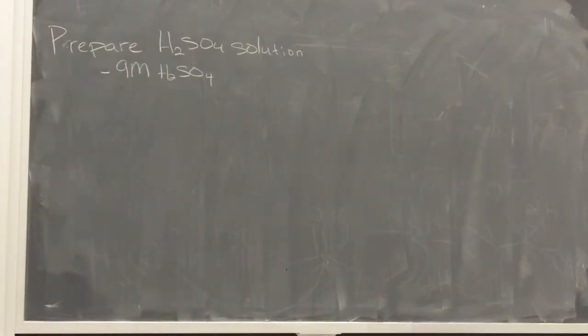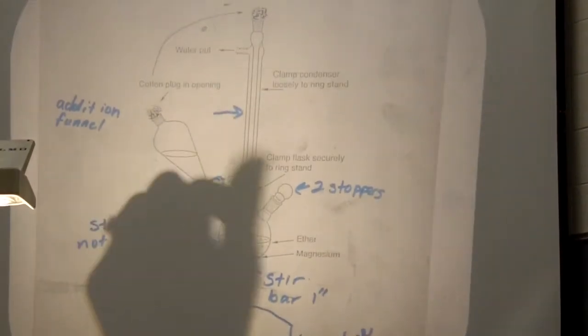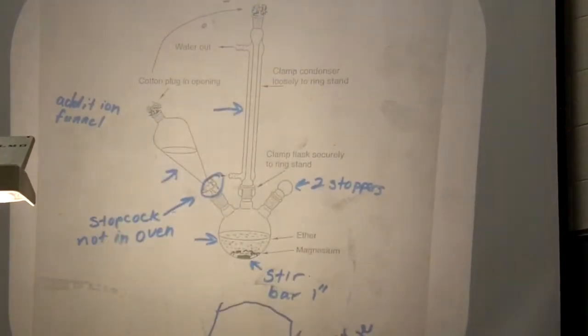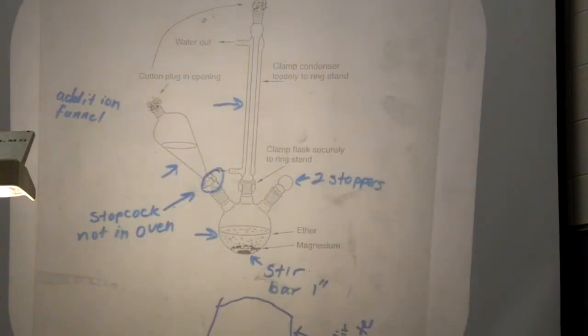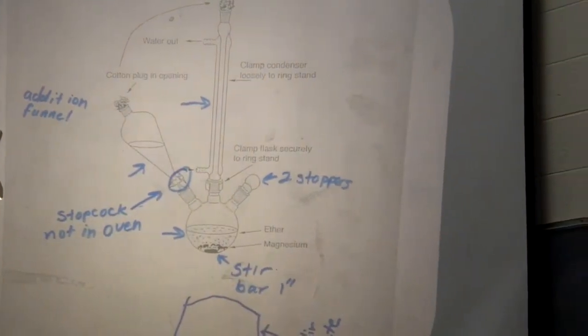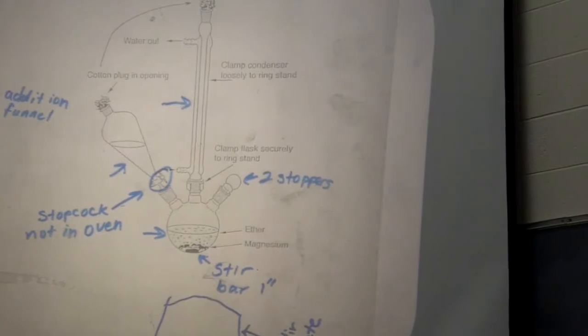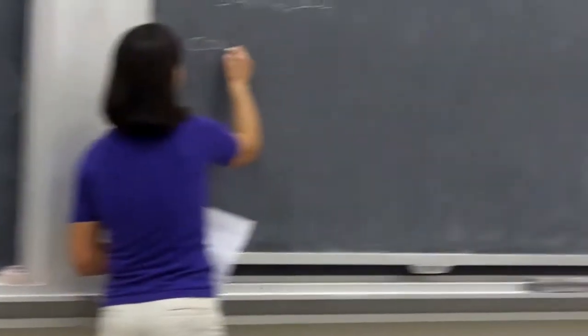This solution is going back in your separatory funnel, okay? So we've added all the aldehyde solution. Close the stopcock again. Now your sulfuric acid solution is going into that separatory funnel, and we're going to add it dropwise, okay? This time, you're going to cool in an ice bath.